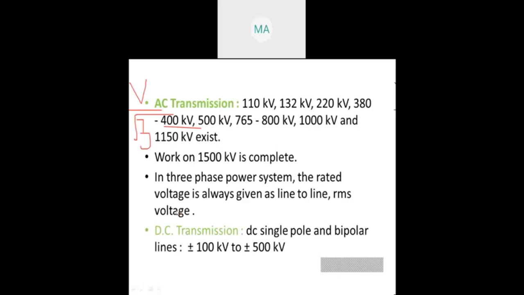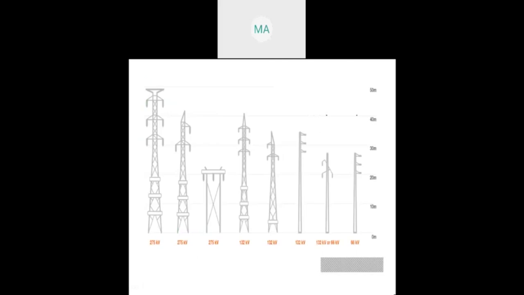One is the single pole transmission line, also called unipolar, and the other is bipolar. In single pole DC transmission, only one wire is used as a conductor, and it transmits 500 kV, 750 kV. For bipolar, we use two wires with opposite polarities, and that is also 500 kV in DC transmission lines.